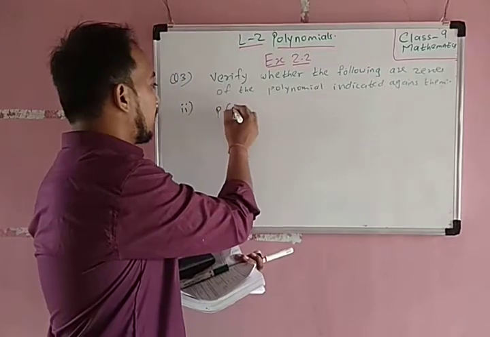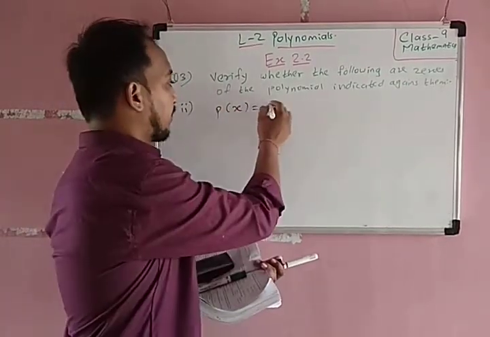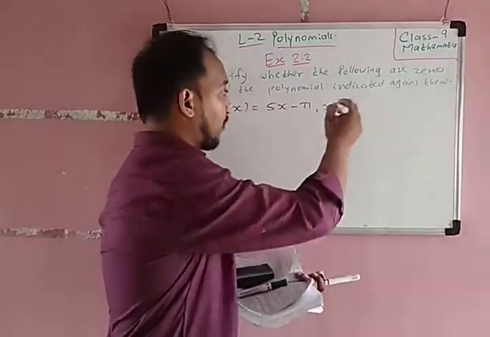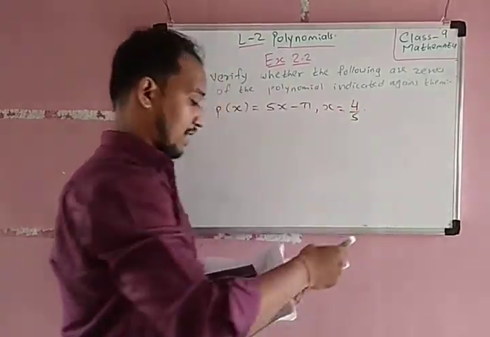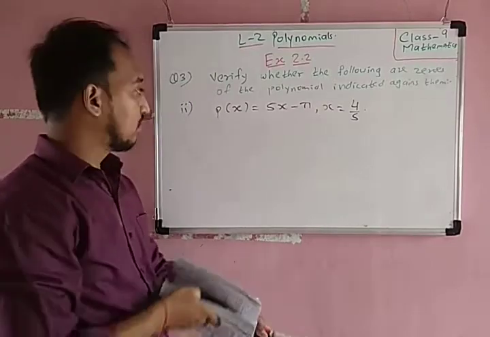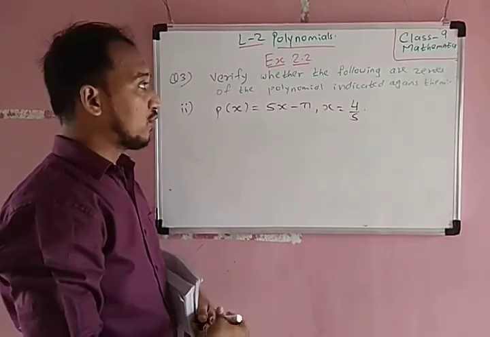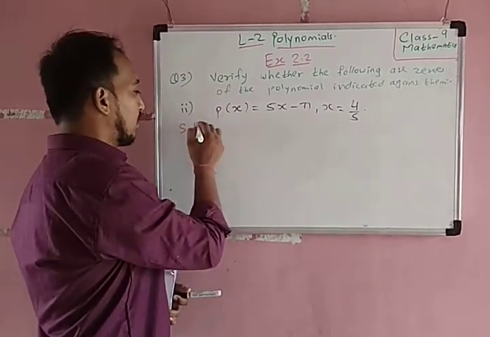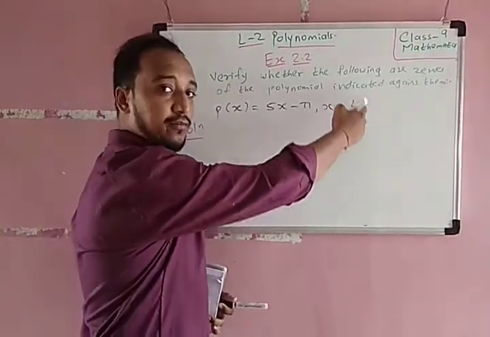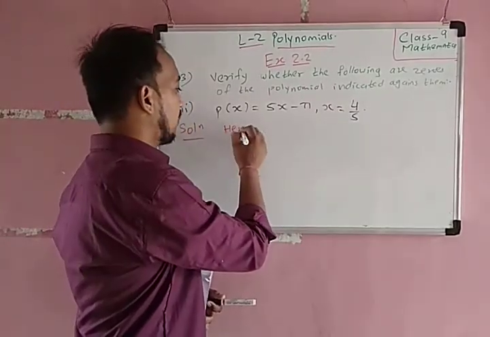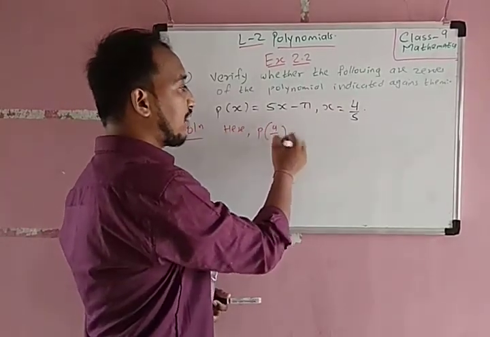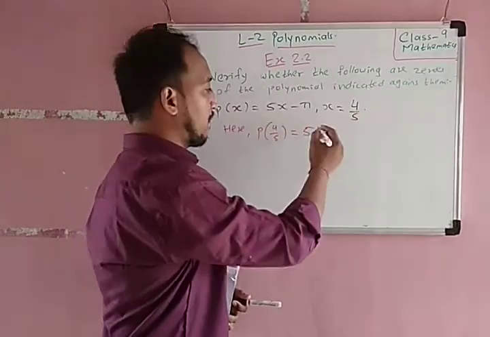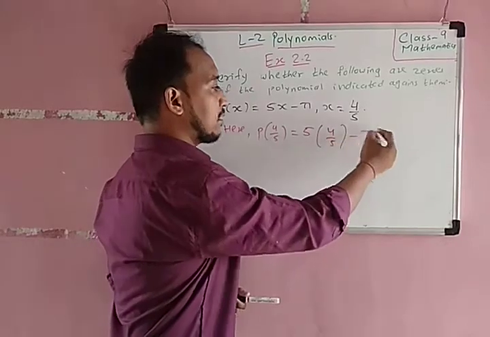Second, p of x equals 5x minus 5 for x equals 4 by 5. Now the same way we have to verify whether this is 0 or not. So in place of x we will put 4 by 5. So here p of 4 by 5 equals 5 into 4 by 5 minus 5.